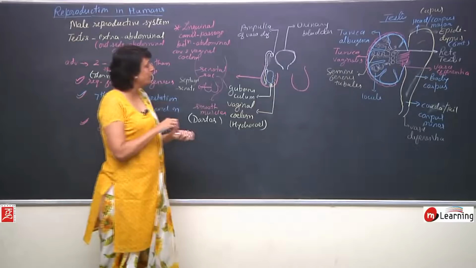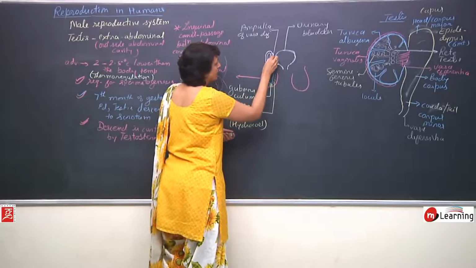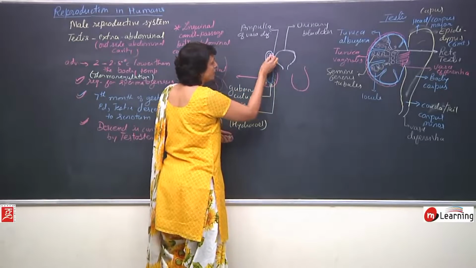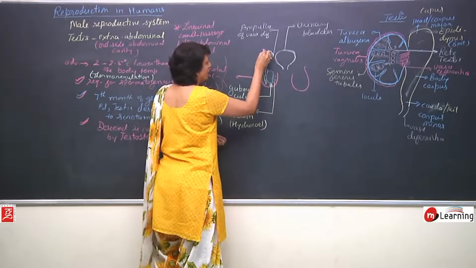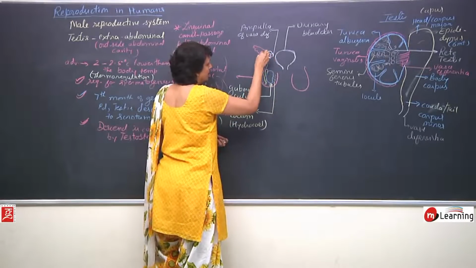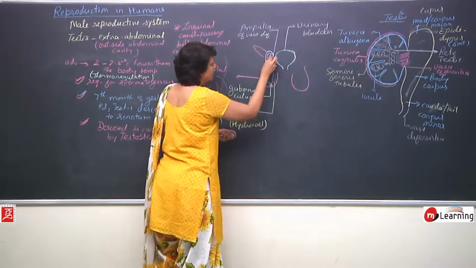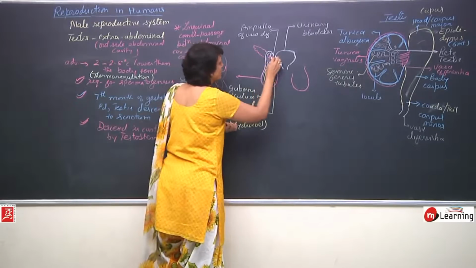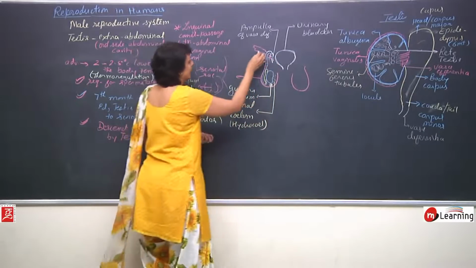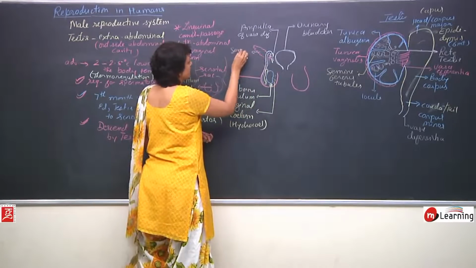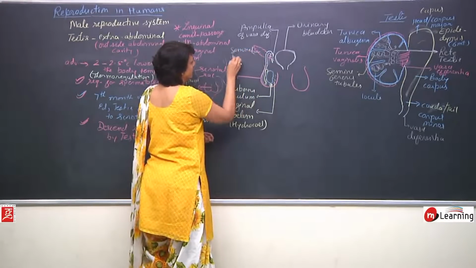At this ampulla region, there is a duct of another gland which opens here. It is a tubular gland which opens into vasa differentia. This gland is known as seminal vesicle.